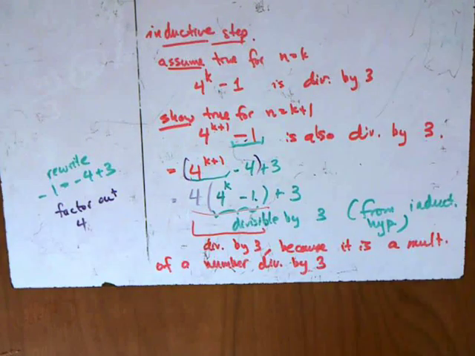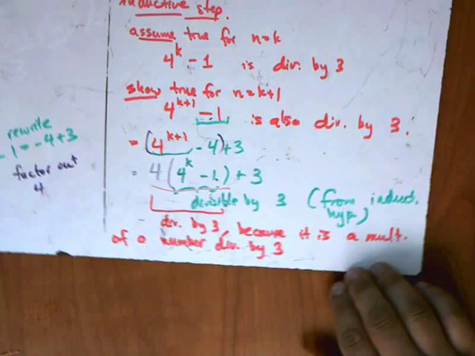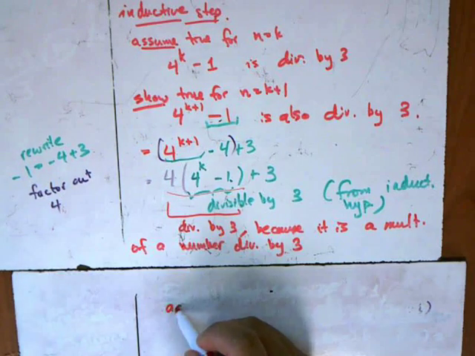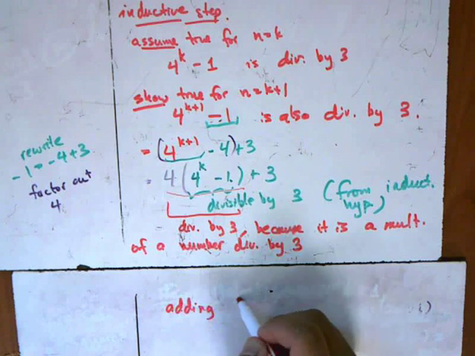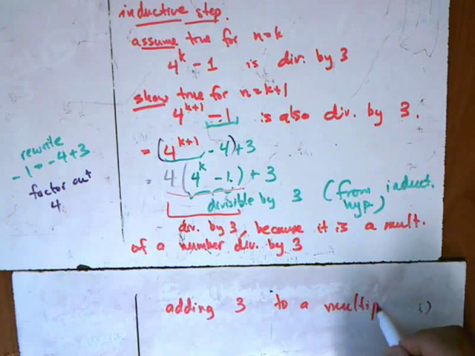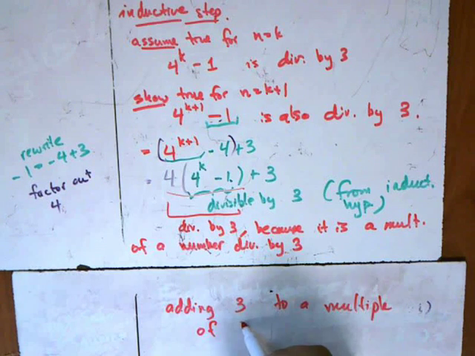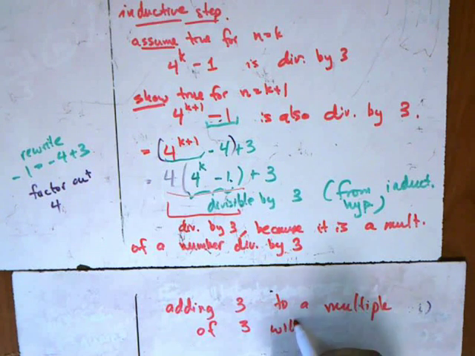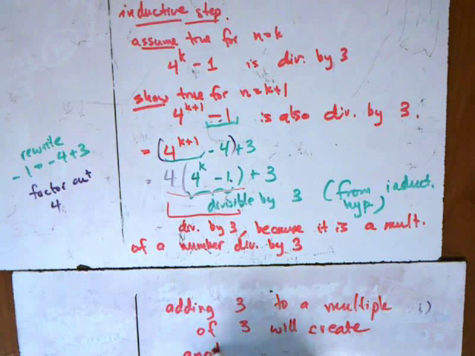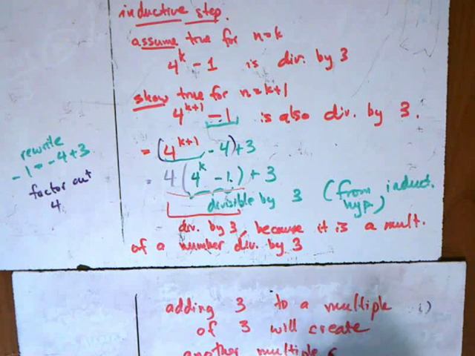In our last statement, we can say that adding 3 to a multiple of 3 will create another multiple of 3.